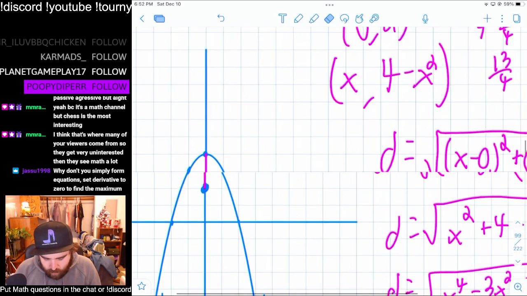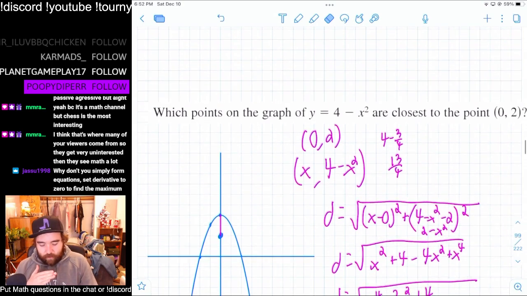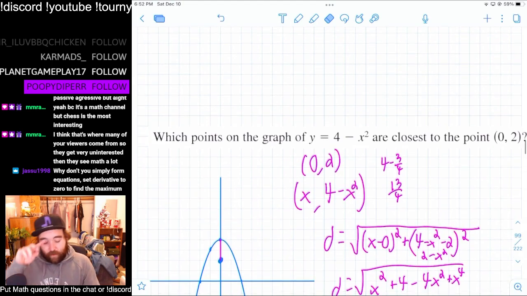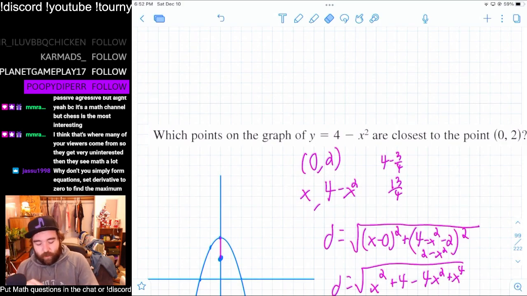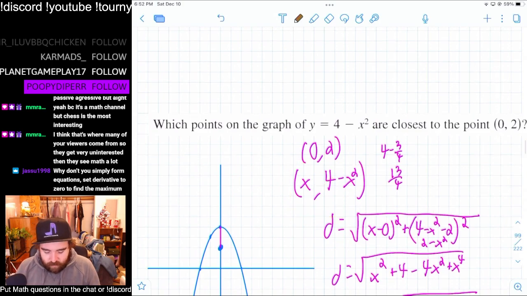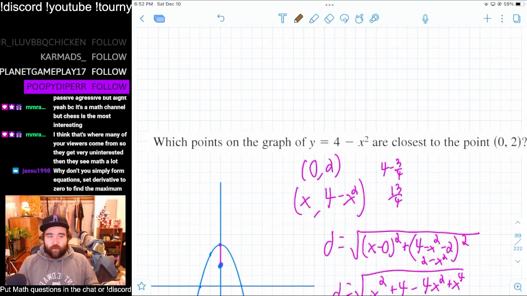I would want to write an equation for the tangent line at an x value. So how am I going to write an equation of a line at the x value? Well, I need a point and I need a slope. So I know the point is still just this point right here. And I know the slope is negative 2x if I just take the derivative.